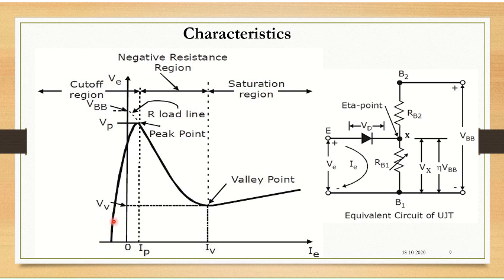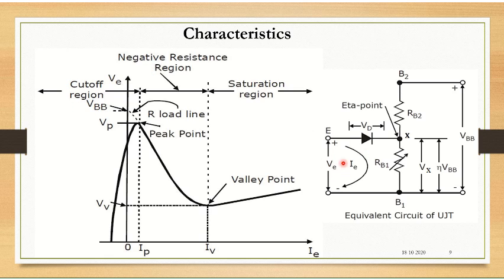That is what you can observe here, a small current which we call leakage current. So this is your cutoff region, where the UJT is in cutoff, which means the diode is in reverse bias condition and not conducting. So the UJT is in off condition. This is the cutoff region.